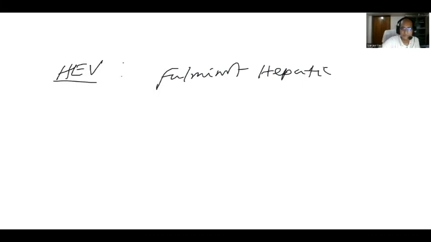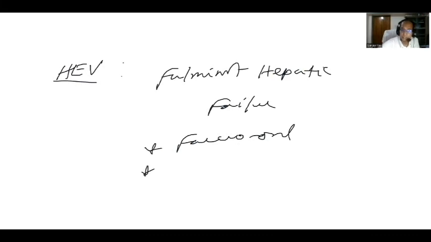In a normal non-pregnant lady or the general population, hepatitis E virus is a self-limiting benign condition, but it may be fulminant, may be life-threatening, and may lead to fulminant hepatic failure in a pregnant lady. And it is a waterborne infection that is spread by the fecal-oral route. So a pregnant mother should be careful regarding sanitation and drinking water.